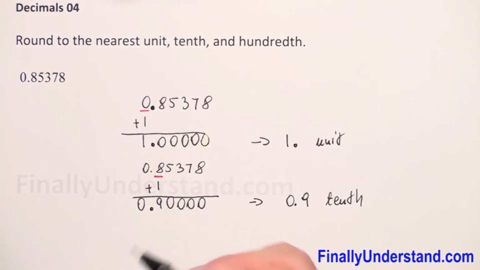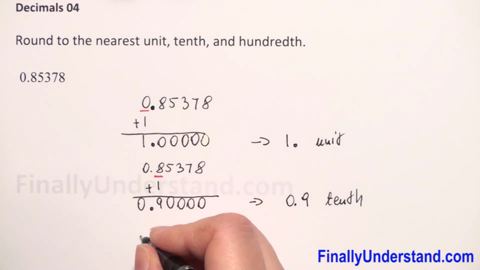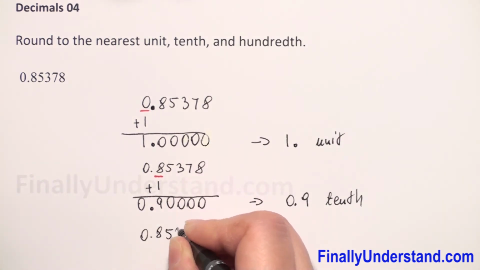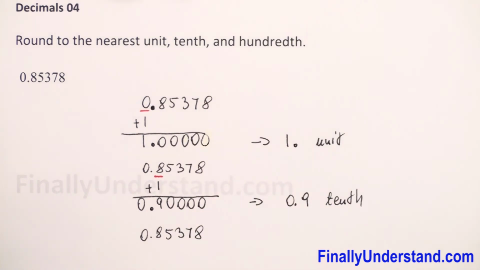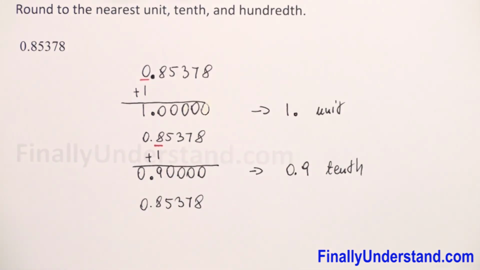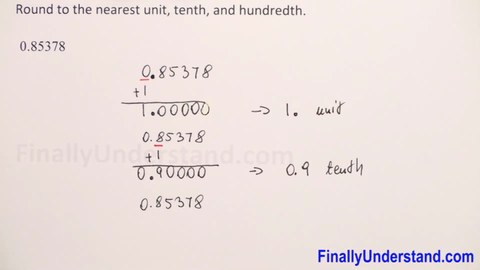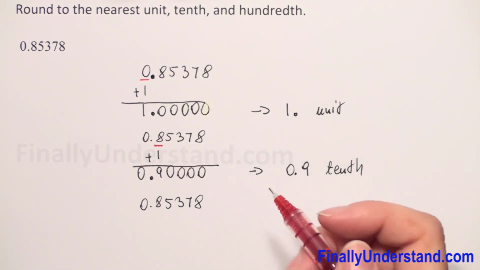And next, let me copy our number again, 0.85378. We need to round this number to the nearest hundredth. So first we need to underline the digit to which we have to round our number.